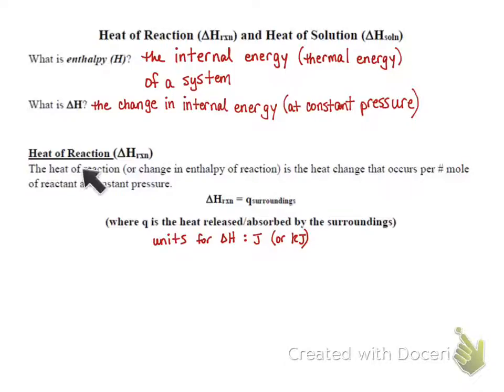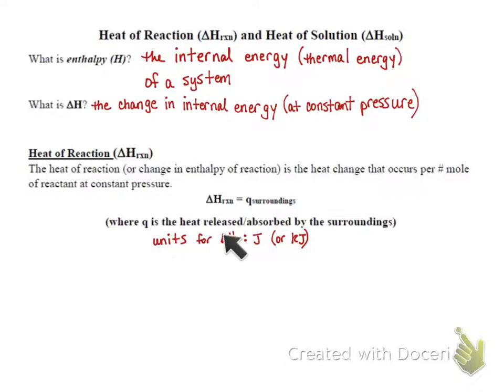So if we have the heat of a reaction, which means the heat that happens when we mix two things together and it forms a reaction, the change that takes place, ΔH of reaction, is Q of the surroundings. If the reaction gives off energy, then the surroundings are going to increase in temperature, and we can measure that heat, Q. And if a reaction absorbs energy, then the surroundings are going to lose heat, go down in temperature, and we can measure that.